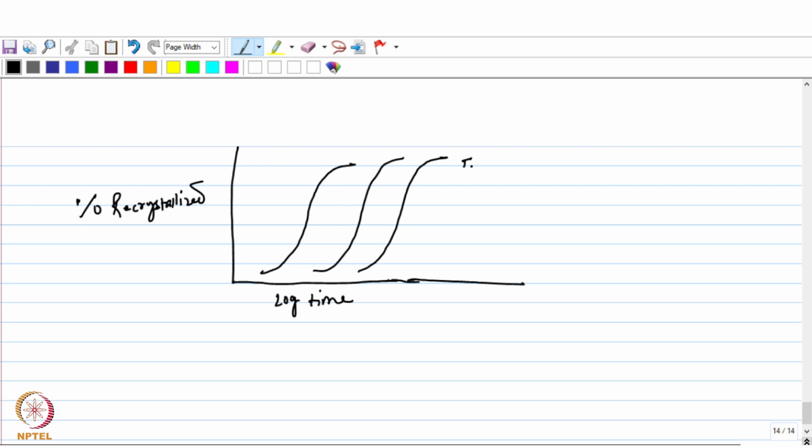So if I take three temperatures, let's say T1, T2 and T3, T3 is greater than T2, greater than T1, right? So from here you can see that for a given percent of recrystallization, as you increase the temperature, the time needed decreases.